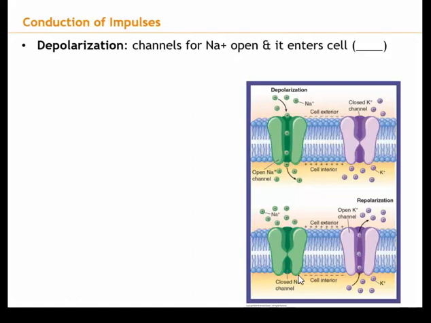All of this begins when a depolarization increases the membrane voltage so that it crosses the threshold value of -55. So if we're at -70 and now we're at -55, that means we're becoming more positive instead of more negative.